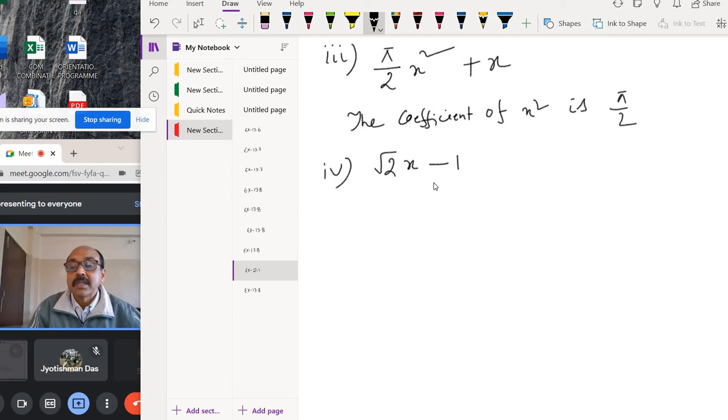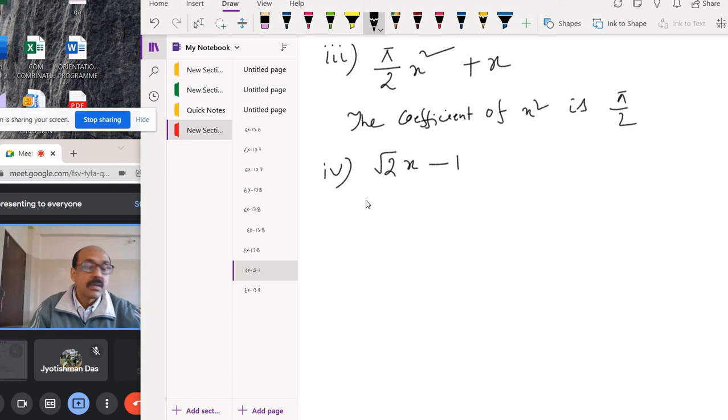See, root 2x minus 1. The x square term is absent here. No x square term is there, only x. That means it is absent, so the coefficient is 0, because the term is absent.